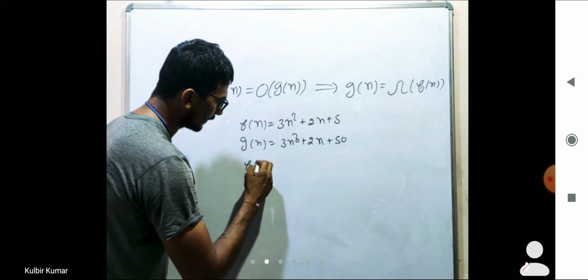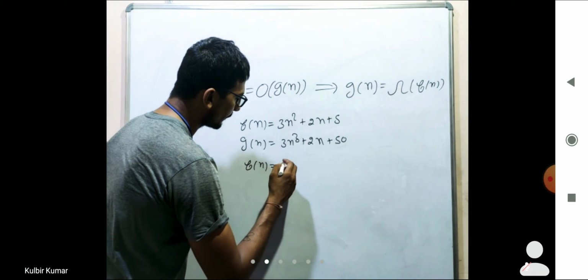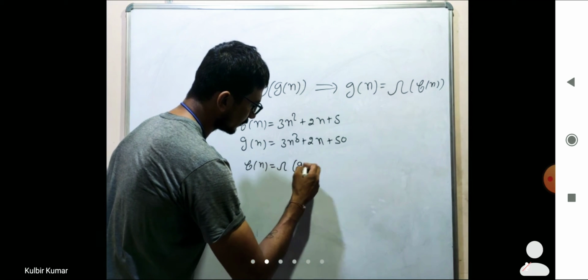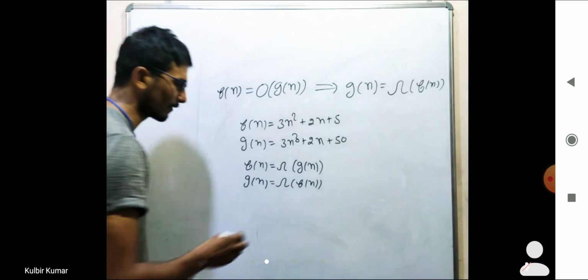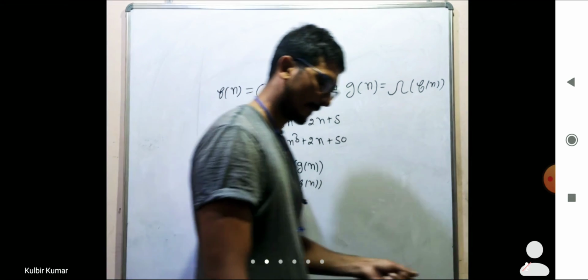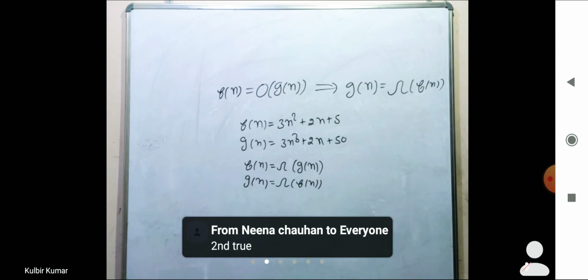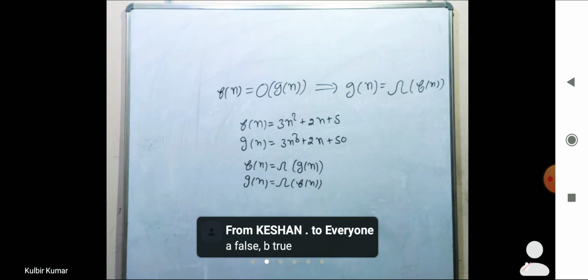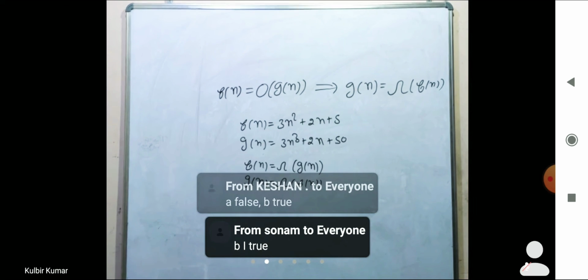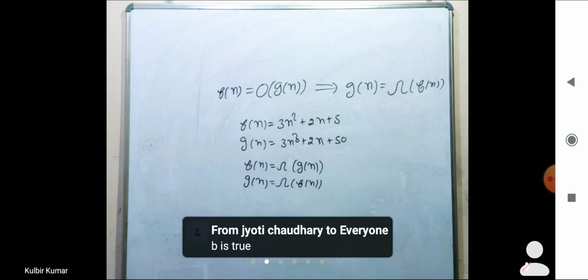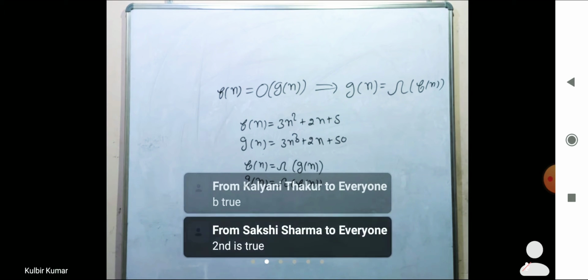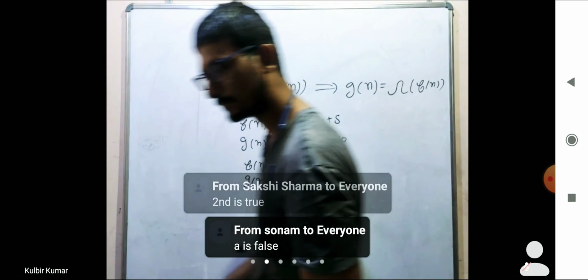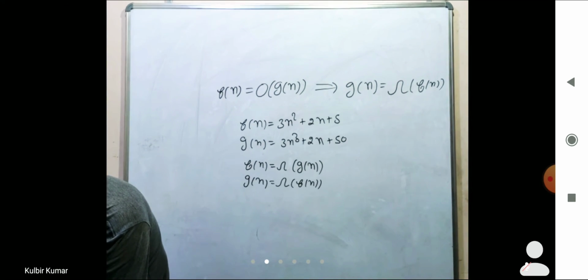Check this: question A, f of n is omega of g of n, and second, g of n is big omega of f of n. Which one is true and which is false?